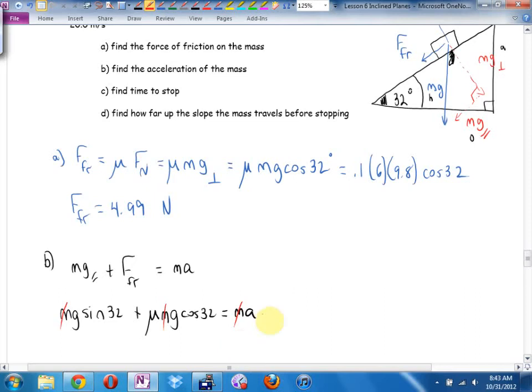Cool. I guess the acceleration is going to be 9.8 sine 32 plus 0.1, 9.8 cos 32. What do you get?